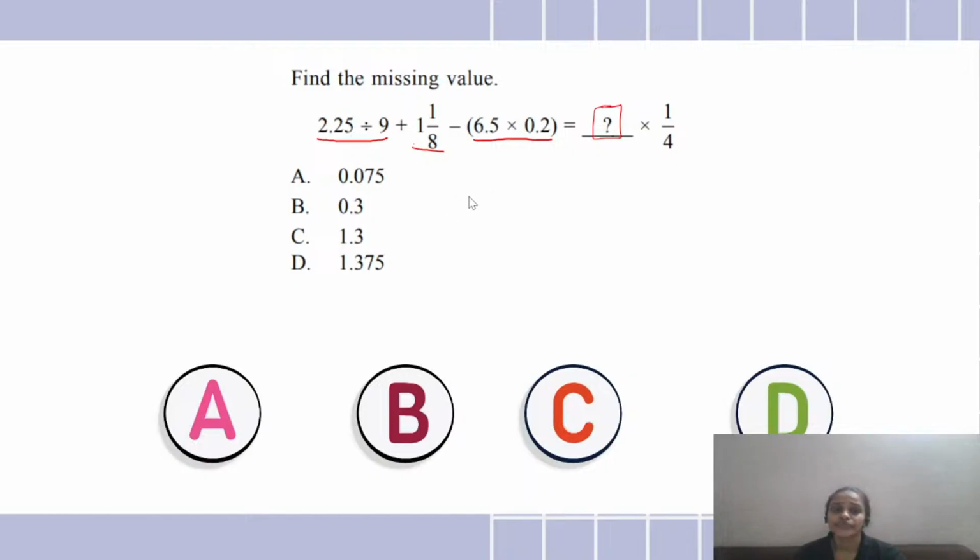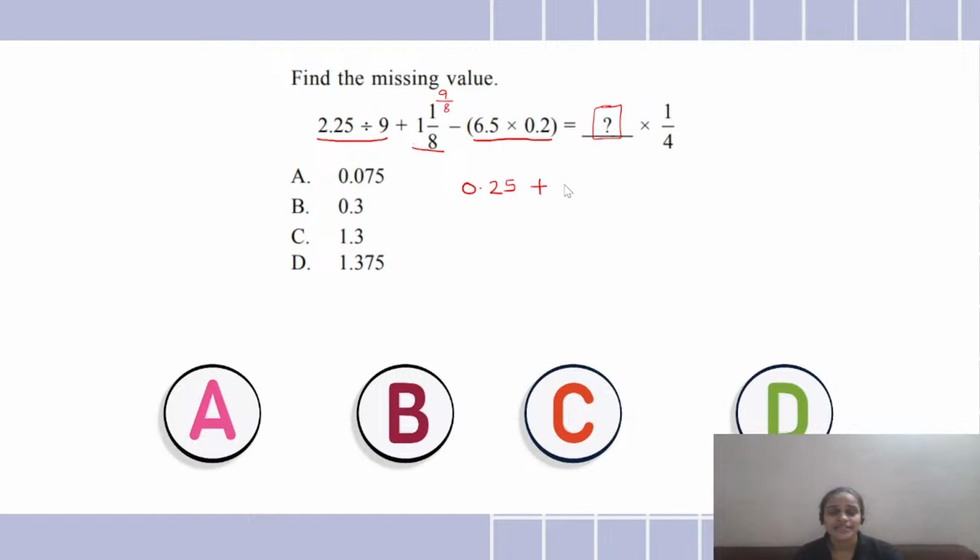2.25 divided by 9 gives me 0.25. Plus 1 1/8, 8 ones are 8, 9, so this fraction is 9 upon 8.